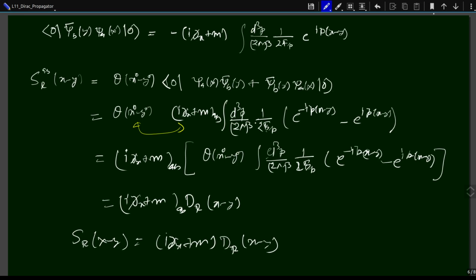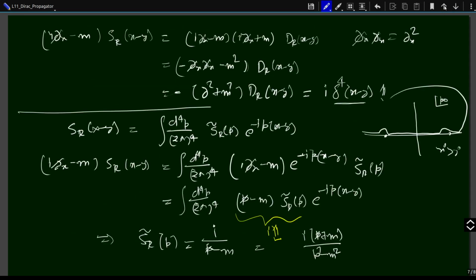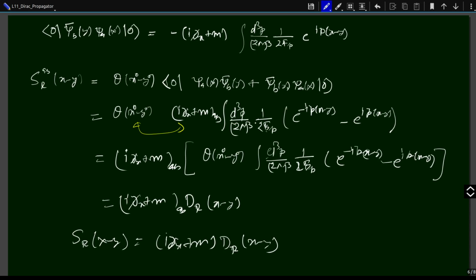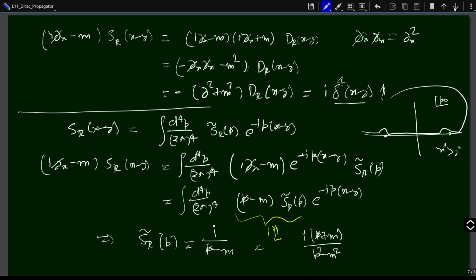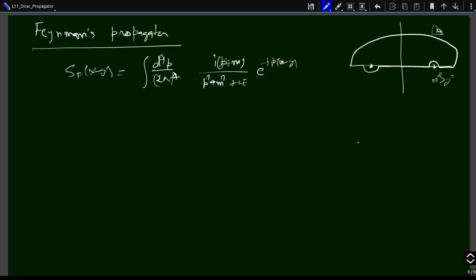That is the right thing to ask, because here the question itself was wrong: when x naught is greater than y naught, could I have talked about the second operator? That is the main thing. Although quantum mechanics says add all possible combinations in whatever orders they can come in, causality says that you have to maintain the causality. Whatever came first, those operators should act on the vacuum first, followed by the ones which came later.